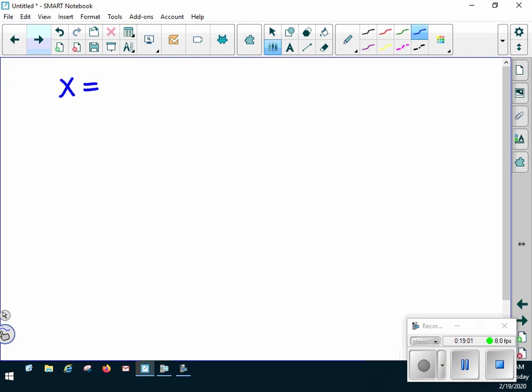How many of each type of ticket? So X is the number of what? The number of matinee tickets. Is that how you spell matinee? That doesn't look right. I'm going to have to look it up because that bothers me.